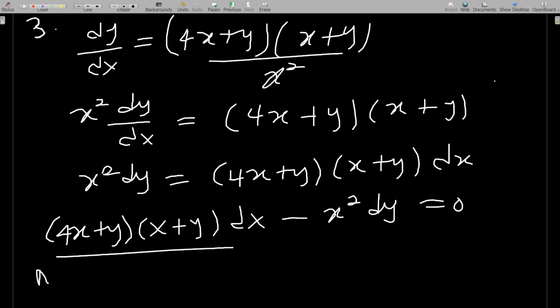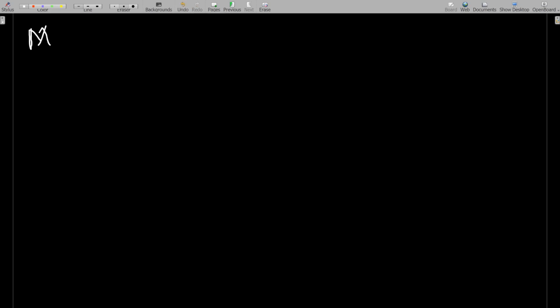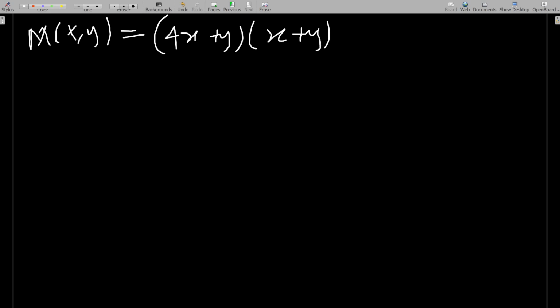So M of xy, we can go and write it on the second page. Our M of xy will be equal to (4x plus y) into (x plus y), and then our N of xy will be equal to minus x squared or something like that. Yes, minus x squared.